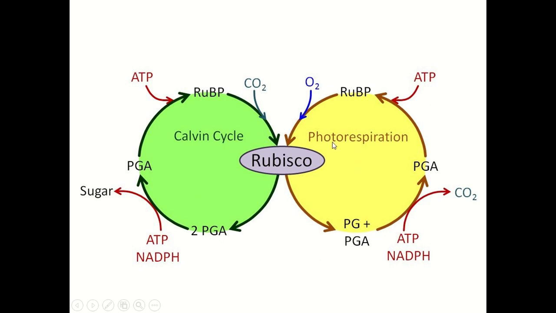However, for photorespiration, the oxygen will bind to ribulose bisphosphate in the enzyme Rubisco and thus produce glycolate, the two-carbon compound, which will later be exported out from the chloroplast. Okay, and they also use ATP.